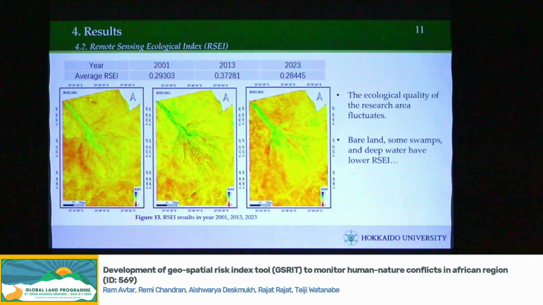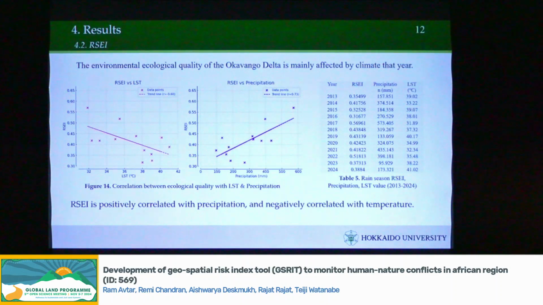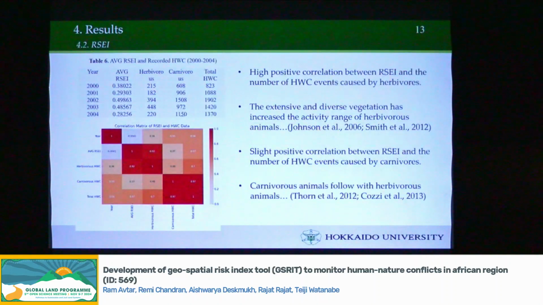We have also developed this RSEI, where we are looking into what the impacts of this are, how this can be helpful to mitigate the human-wildlife conflict, and what the relationship is with the increase in temperature. This RSEI also shows a positive correlation with the precipitation and a negative correlation with the temperature. So these are some of the preliminary results we got, and we have been working closely with the Okavango Delta institutes there.